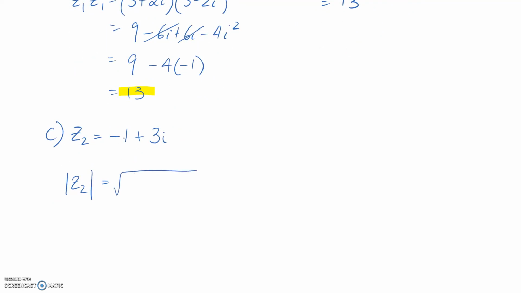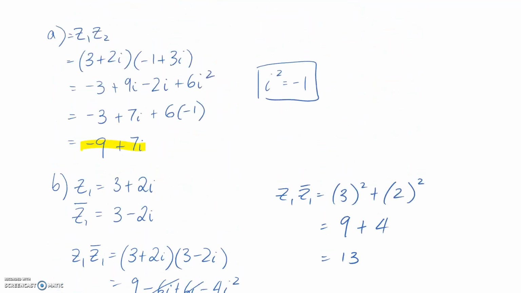It's going to be the square root of our two components squared and added together. So I should probably write this technically as -1, and this component is 3. So here we're going to get -1 squared, which is 1, and then 3 squared, which is 9. So we end up with our answer, which is square root of 10.